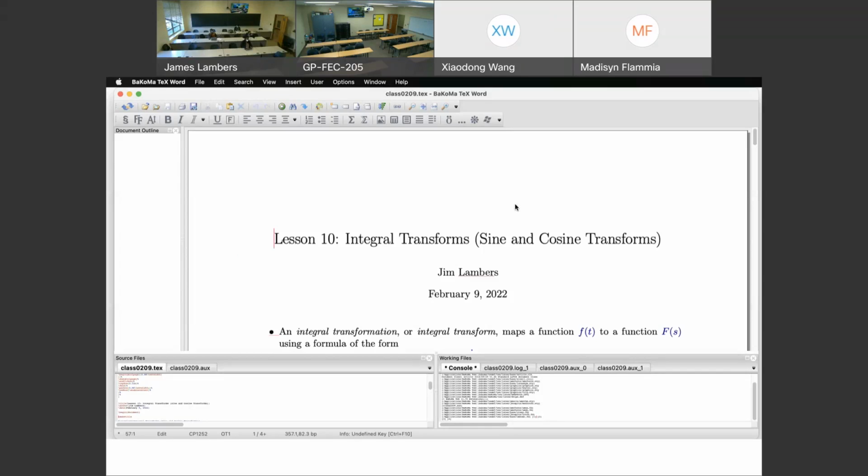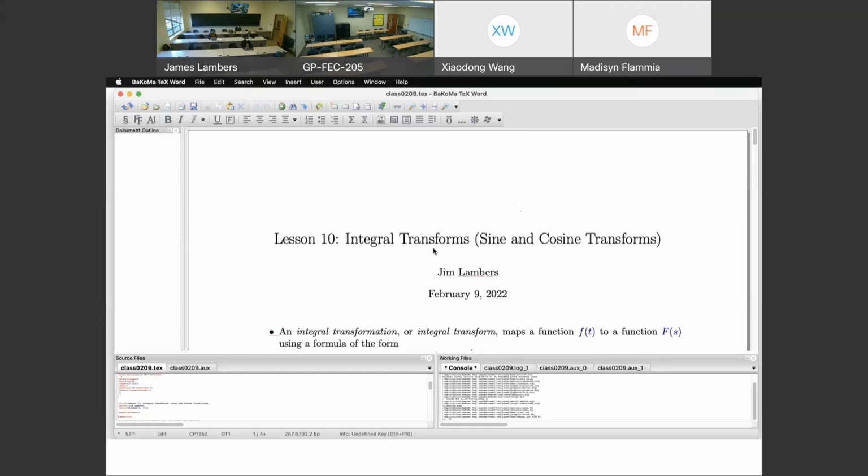The separation of variables that we've been dealing with for some time now is applicable to initial boundary value problems where you're on a bounded interval. So now we're going to get away from that. I'll talk about some integral transforms over the next few lessons.